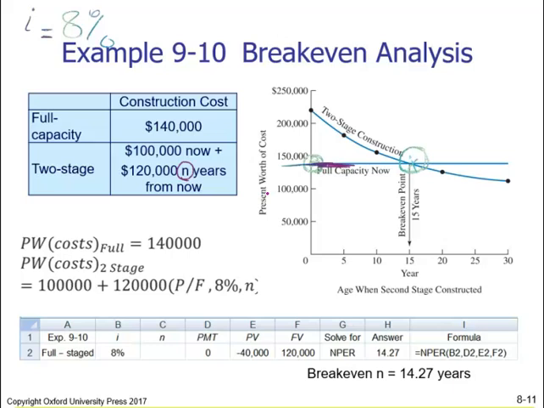So again, even with this chart that you see in front of you, before 15 years, two-stage is more expensive, so we go for this one. And after 15, or more accurately, it is 14.27, we go for two-stage.